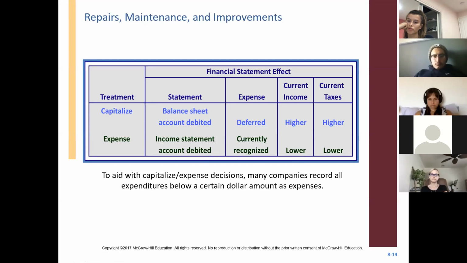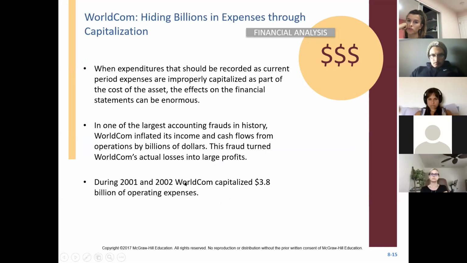What those crooks were doing, everybody, was taking just about every expense and capitalizing it, which is terribly wrong. And while they were doing that, they were recording higher income that was false. Using those phony financial statements, they were able to borrow more money, and the thing eventually blew up, and the guy went to jail, okay?